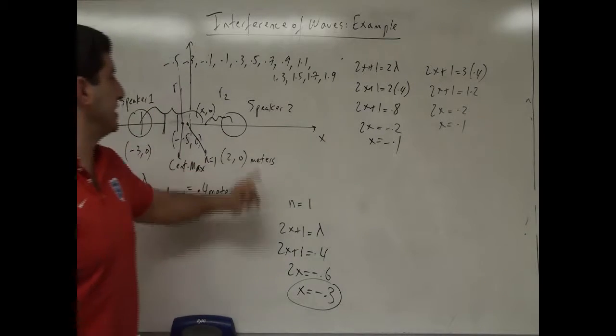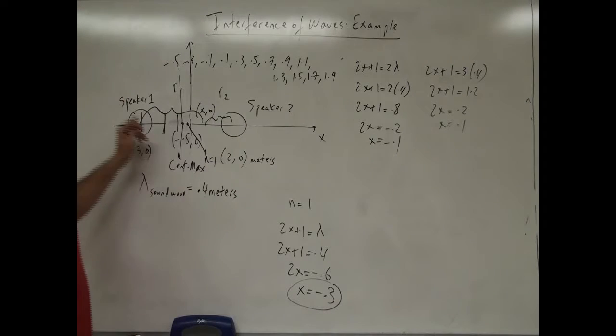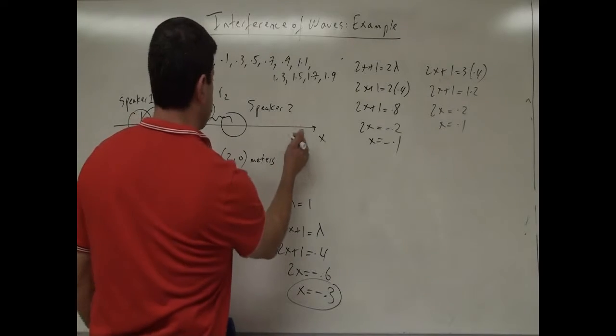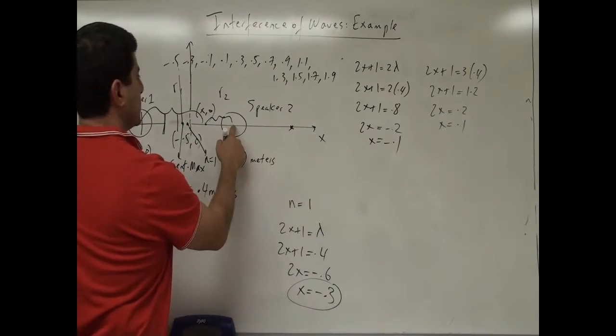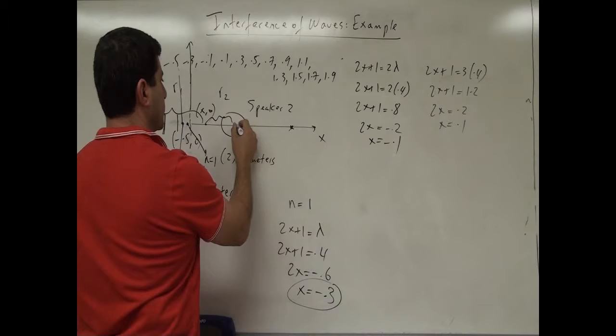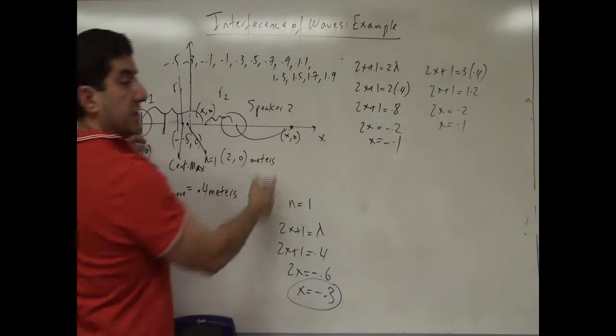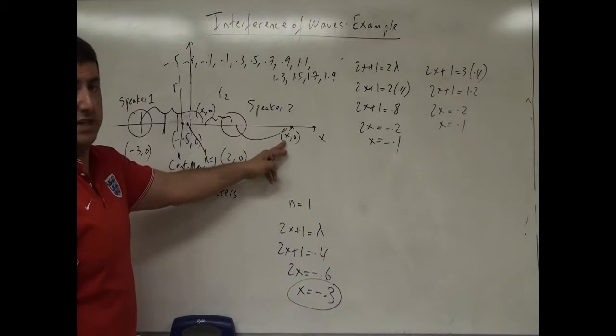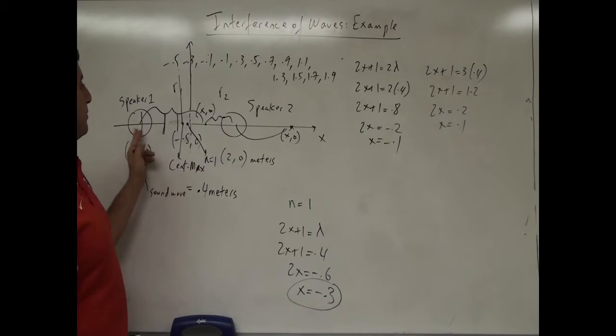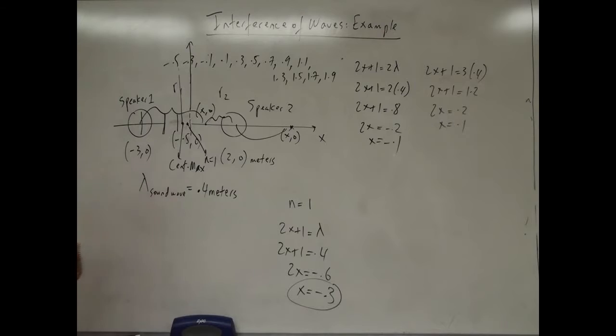How about on the right side of speaker 2, and on the left side of speaker 1? What's going to happen there? Okay, if we're on the right side, somewhere here, the distance from here to here is going to be a certain distance, right? And then the distance from here to here is going to be whatever that distance is plus the difference of the two speakers, right?